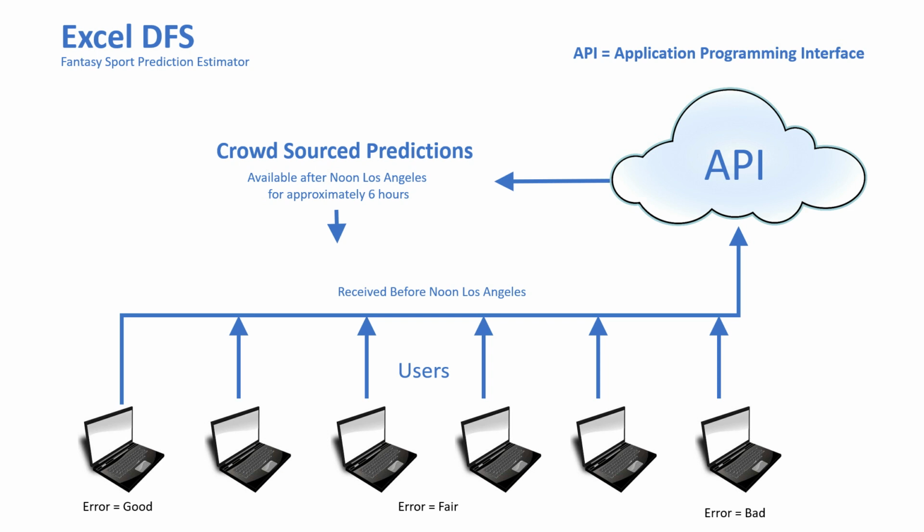So basically, users offer their predictions. If they have a reputation for being accurate, they are averaged into the crowdsourced prediction, the top X number of prediction sets received before noon Los Angeles time, and that time may have actually changed.